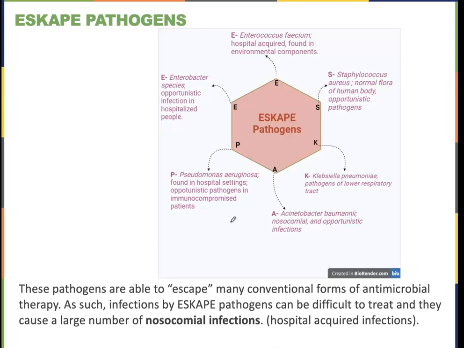The top strains causing a lot of issues in the medical field right now are the ESKAPE pathogens. This is the first letter in each of their names. Enterococcus faecium is the E. We have another E, Enterobacter.